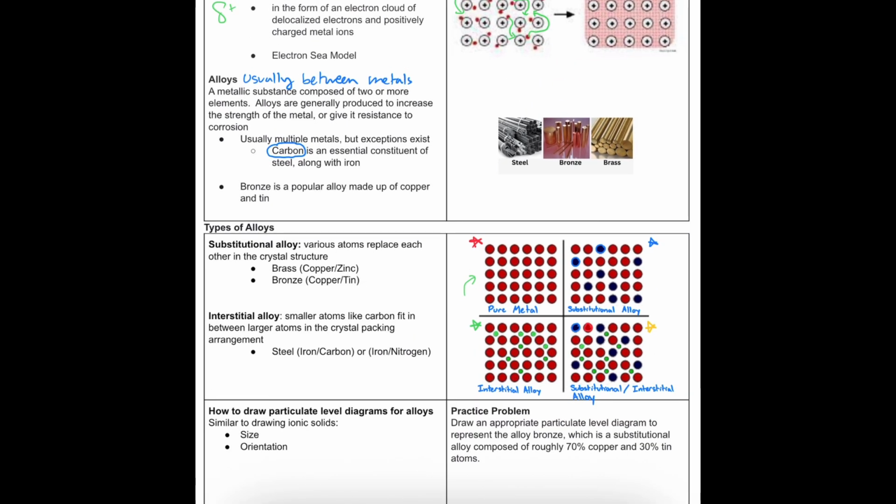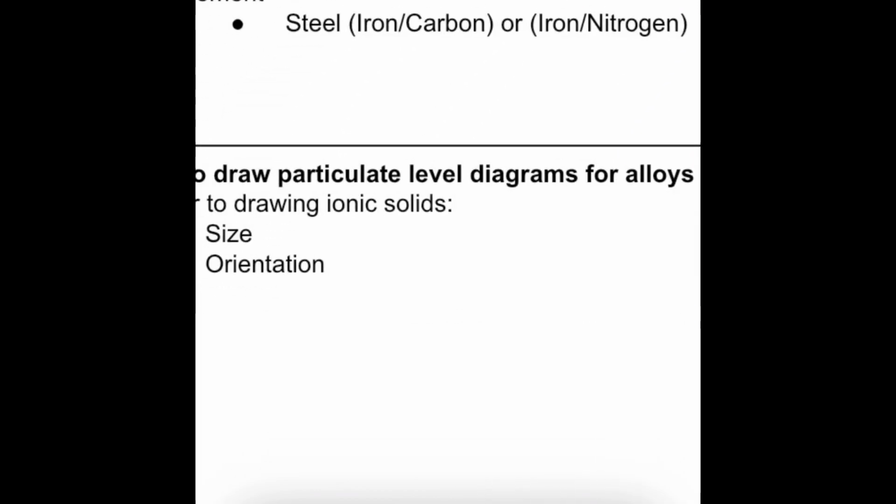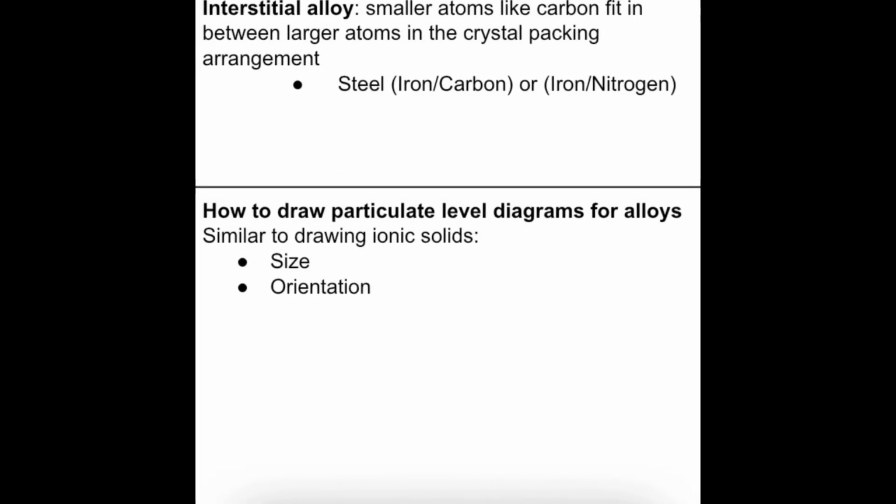All right, so in terms of how you would represent particulate level diagrams for alloys, you're paying attention to largely the same thing you've been paying attention to for crystal lattice structures. You want to make sure that your size of your particles, or again, your ionic radius, is correct. And you want to make sure that they are oriented correctly around each other.